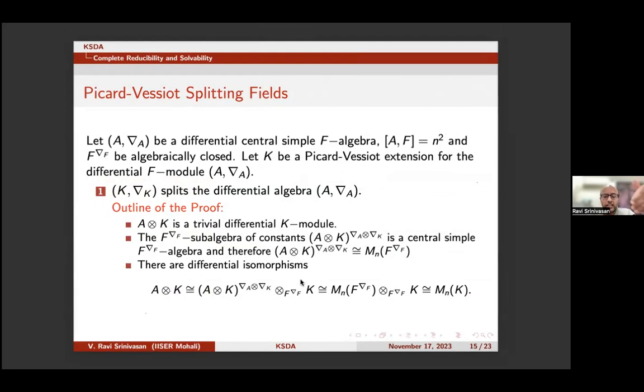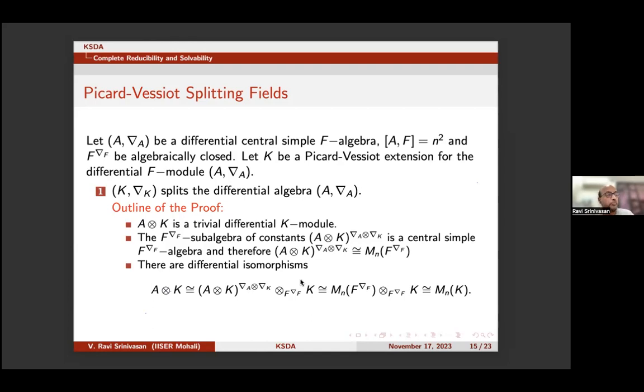Then the tensor product A tensor K will be trivial because by definition we have chosen K to be Picard-Vessiot. So A tensor K will become a trivial differential module. Then the subalgebra of constants, the constants of A tensor K, one shows is actually a central simple algebra over the constants of F. So once you prove this, then the fact that the constants of F are algebraically closed is used to show that the constants are isomorphic to the matrix algebra.